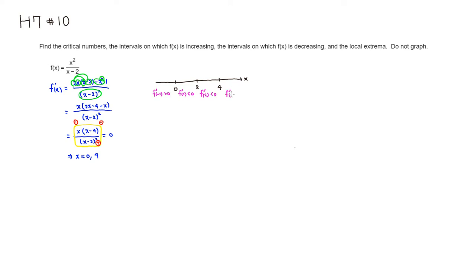Anything bigger than 4, we can try 5, so that's positive. So the original function f is increasing here, decreasing here, still decreasing there, and increasing there. So the increasing interval is before 0 and after 4.